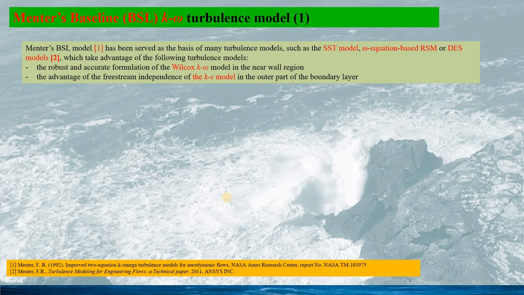The reason for this introduction is that this baseline model serves today as the basis of many turbulence models such as the SST model, the omega equation-based Reynolds stress model, or even the DES detached eddy simulation models, which take advantage of the following turbulence models: the robust and accurate formulation of the Wilcox K-omega model in the near wall region, and the advantage of the free stream independence of the K-epsilon model in the outer part of the boundary layer.